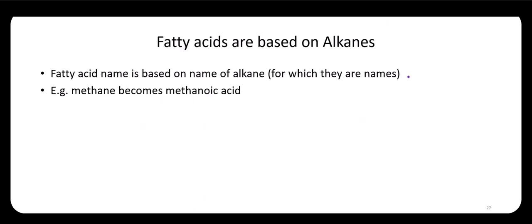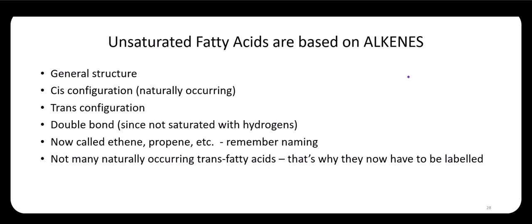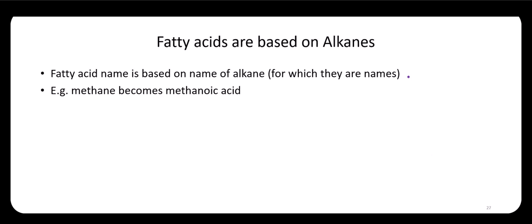Okay, so we said fatty acids are based on alkanes, kind of. Saturated fatty acids are based on alkanes. Well, let's just do this. Let's pick one, because I want to get into the ending with this. Let's say, I don't know, I'll do 6 carbons.